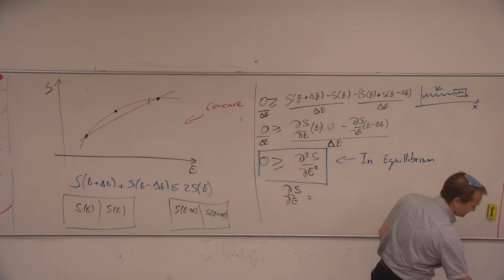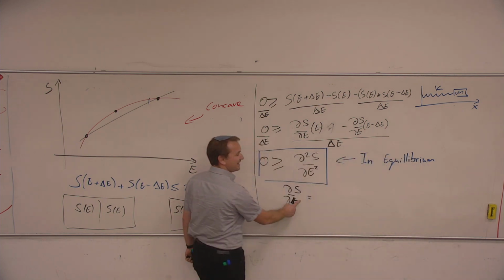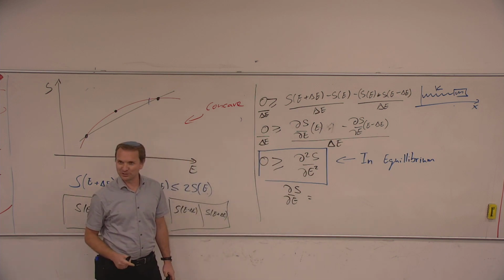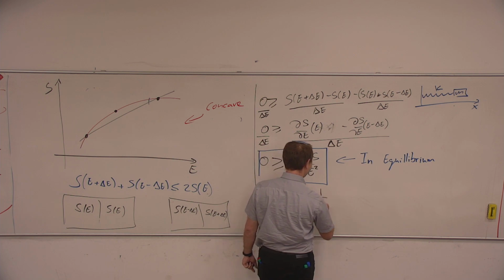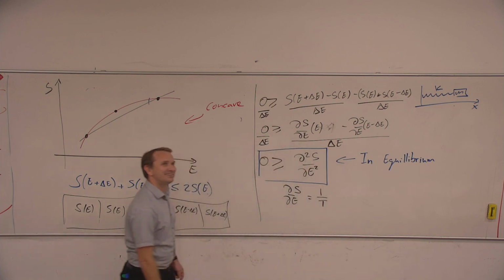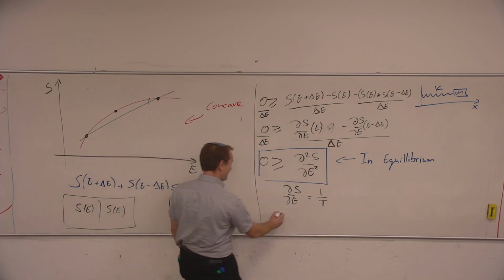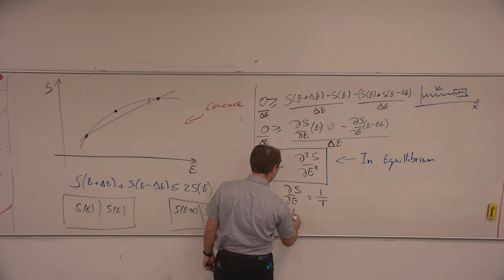ds to dE is temperature or 1 over temperature? 1 over temperature. Okay, so we're getting that d(1/T) to dE is smaller than 0.